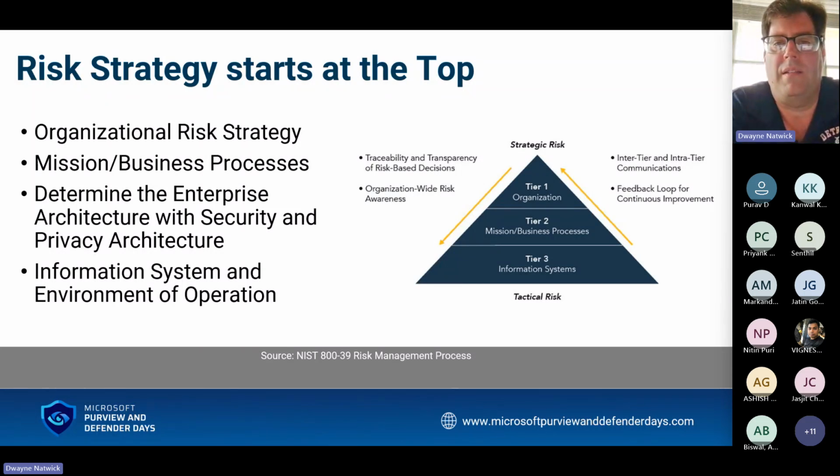I always say that a strong risk management framework starts at the top, where it is specific to the organization, being an advocate for the entire organization, governing over data and watching over data, and it's executed at the user level.